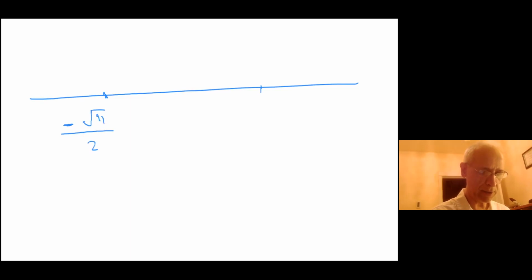So the two critical points that I have are at negative root 11 over 2 and positive root 11 over 2.